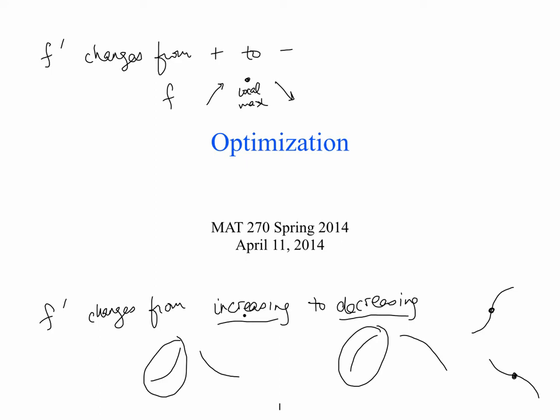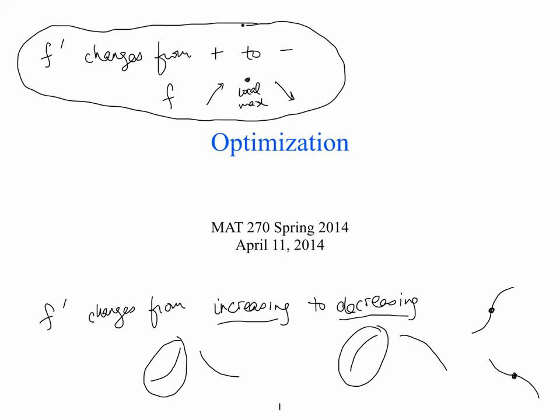But in particular, this is the key to doing optimization. When the derivative changes from positive to negative or from negative to positive, you get extrema, either local maxes or local mins.